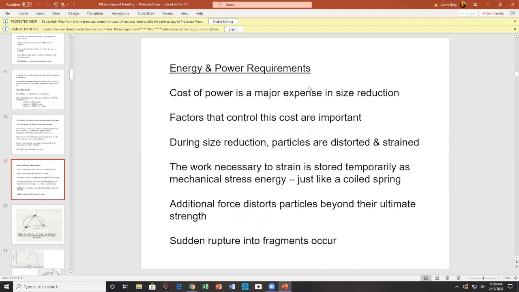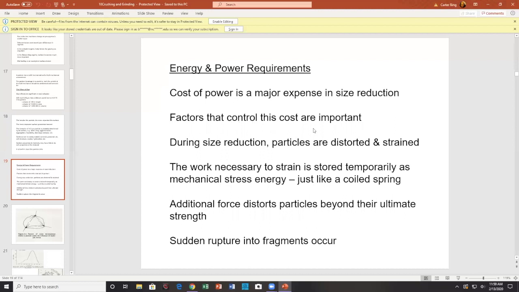Cost of power is a major expense in size reduction. Typically, size reduction machines, as we'll discuss later, are about 2% efficient, maybe 0.5% efficient. So a lot of power goes to simply running the machine, and the power that goes into grinding, crushing and size reduction tends to be a lot smaller than the energy that went to the machine.